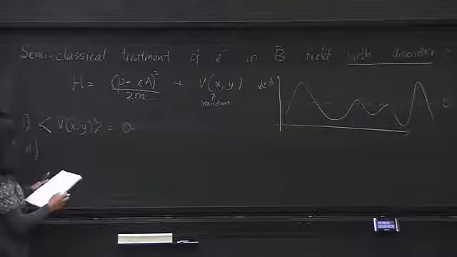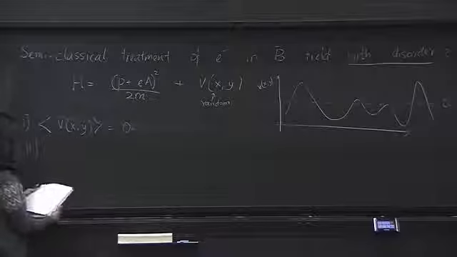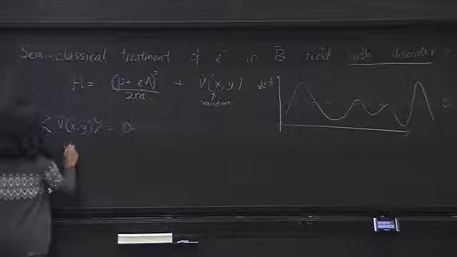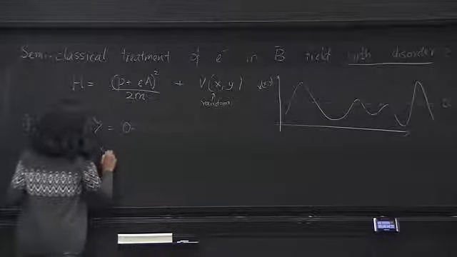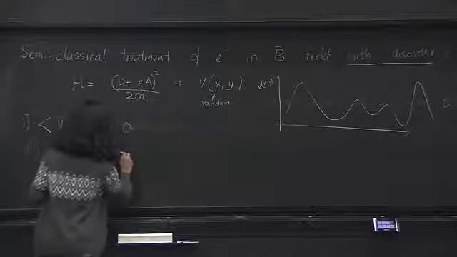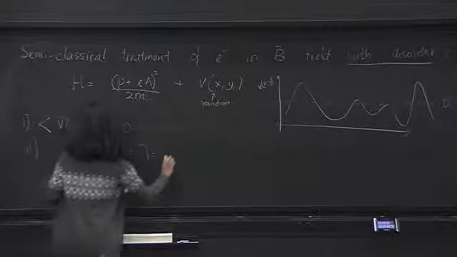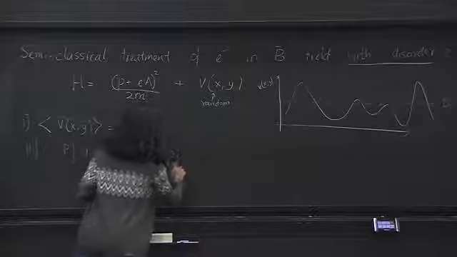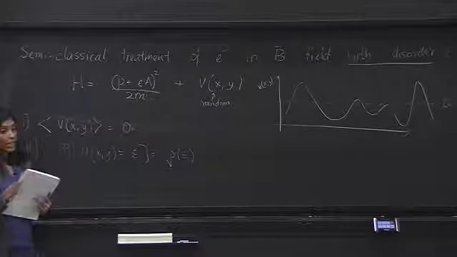Let's say that it's actually a random variable whose probability distribution is some given probability distribution independent of the position.